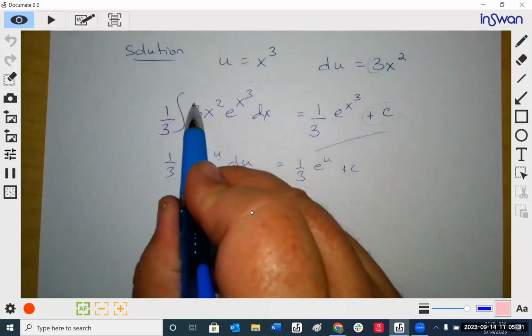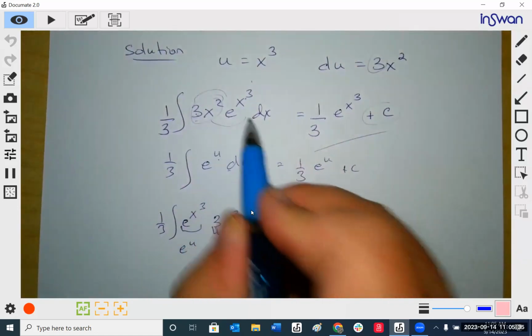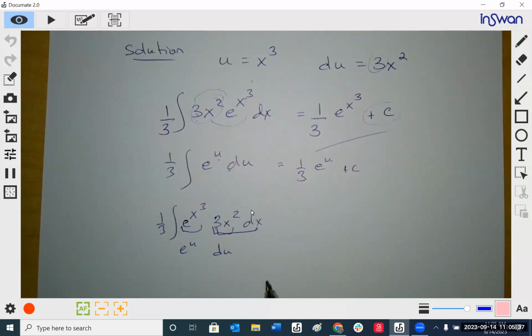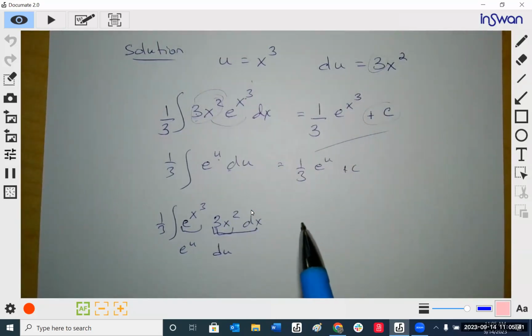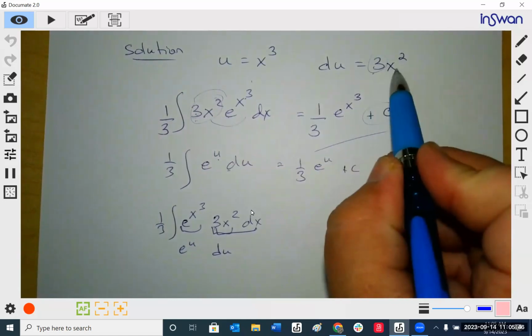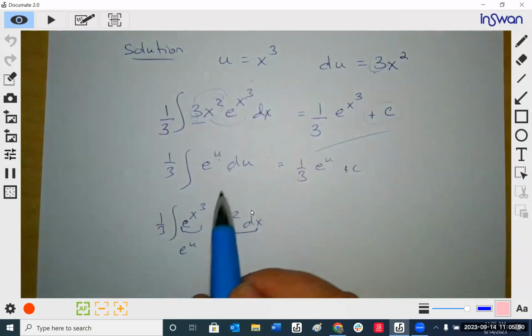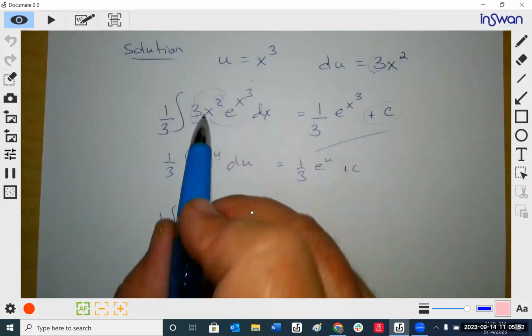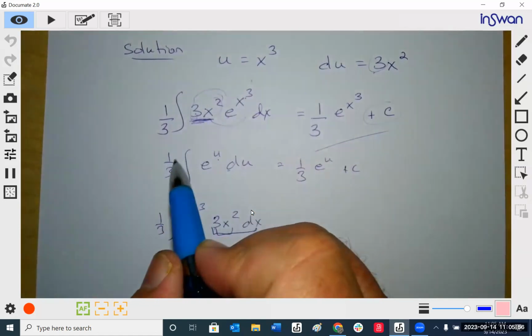I put this here instead of behind it for the e^u du. It is 3x squared, and this is now the du part. This is e^u du.